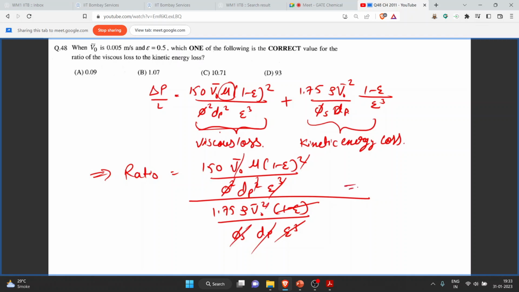So we will be left with the ratio as 150 mu into (1 minus epsilon) upon 1.75 rho, then we are having this phi s dp and this superficial velocity V naught.